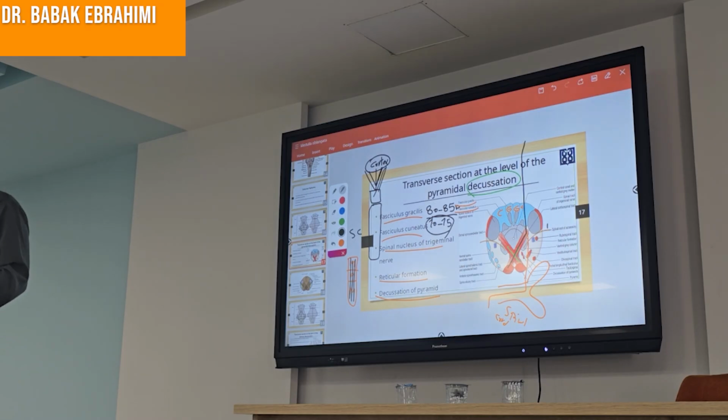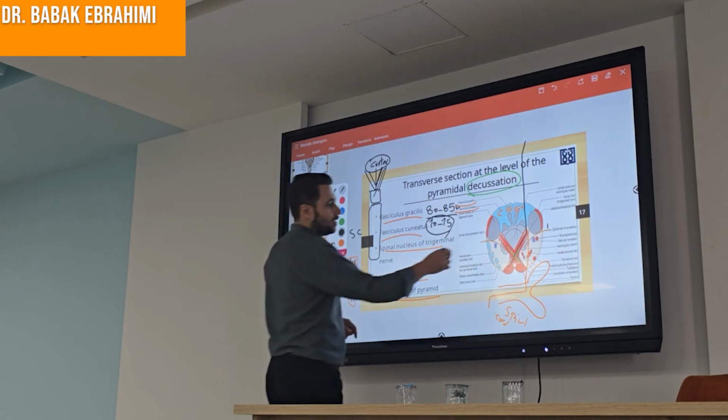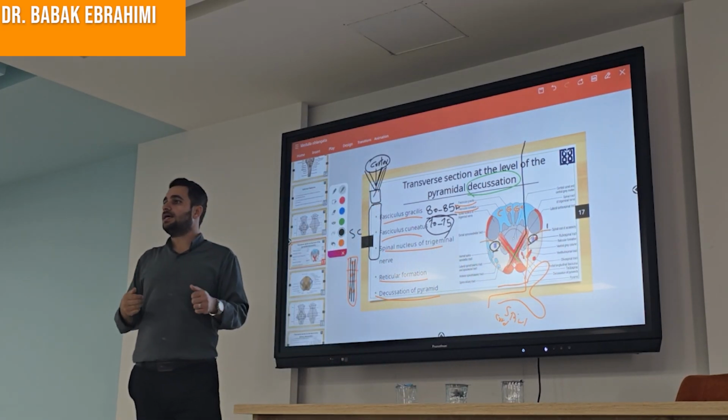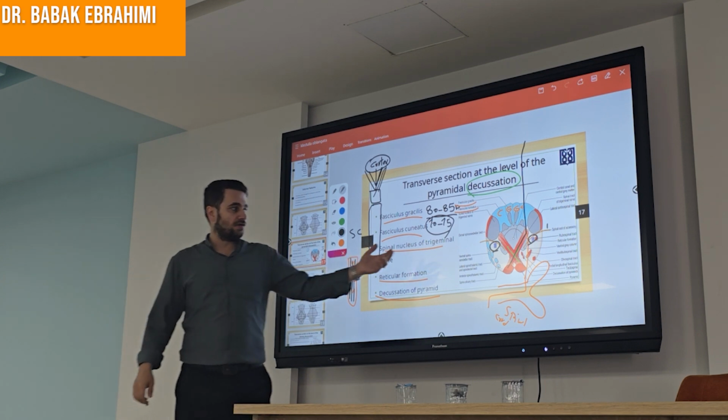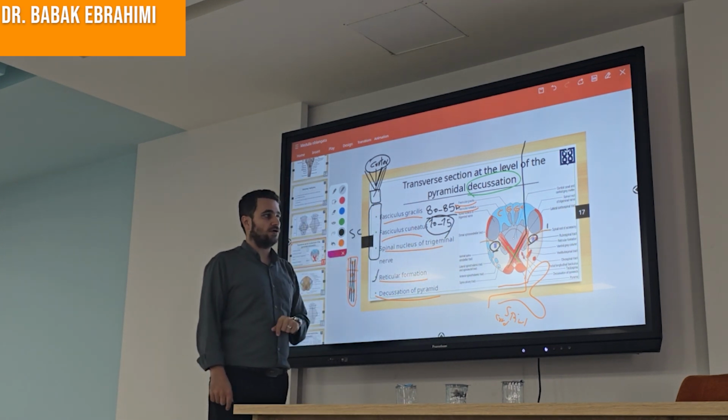What happens to the body? Did you hear anything about coma? Okay? Coma is the lack of awareness. He or she is asleep in the hospital. They don't have any awareness. So if the reticular formation, which is located here, is damaged, coma happens. So the reticular formation is responsible for awareness. You are seeing the reticular formation.